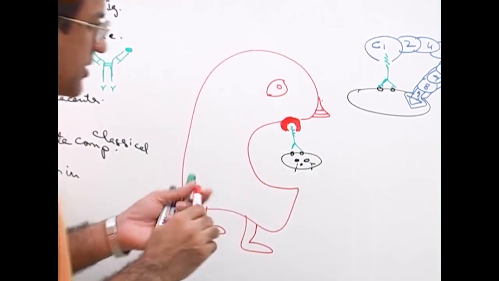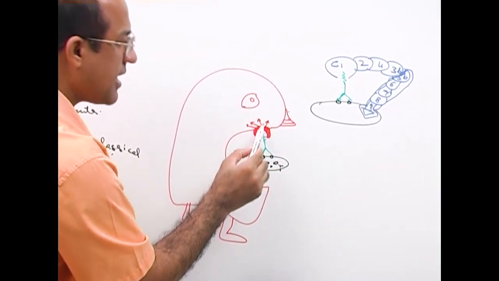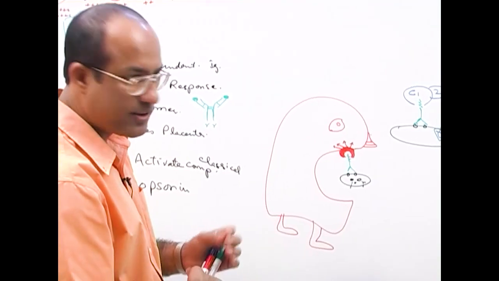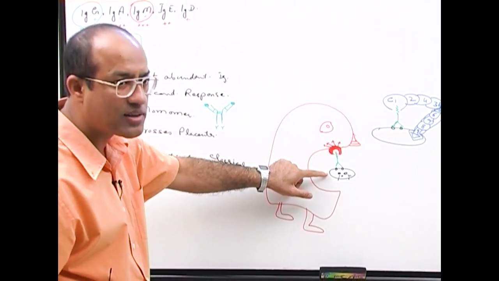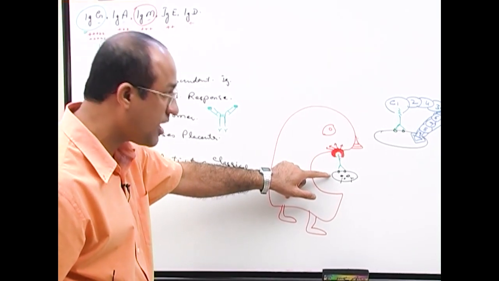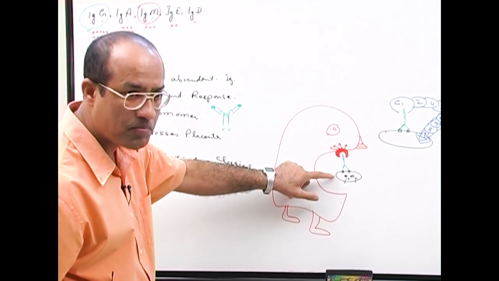And these receptors give signals into the phagocyte, and these signals stimulate the phagocytic process. So when IgG binds on particulate matter, for example bacteria, it enhances the phagocytosis of that particulate matter.